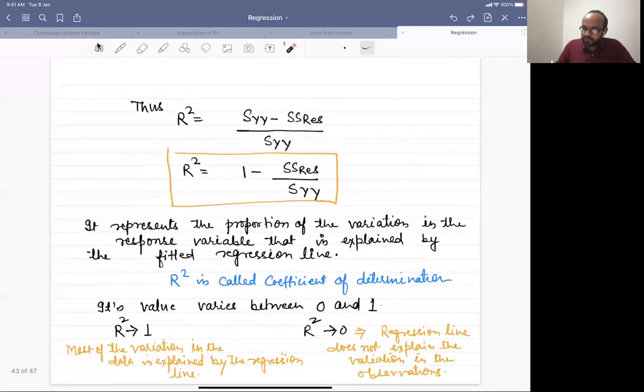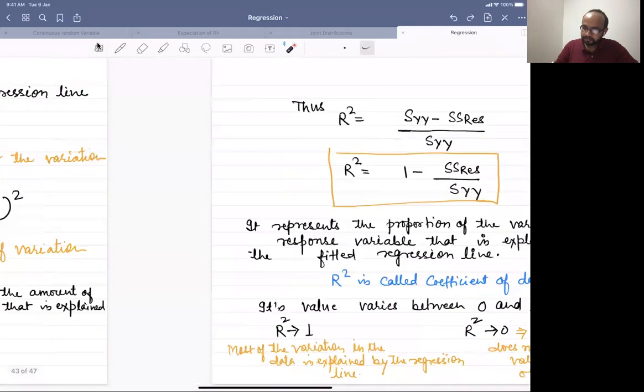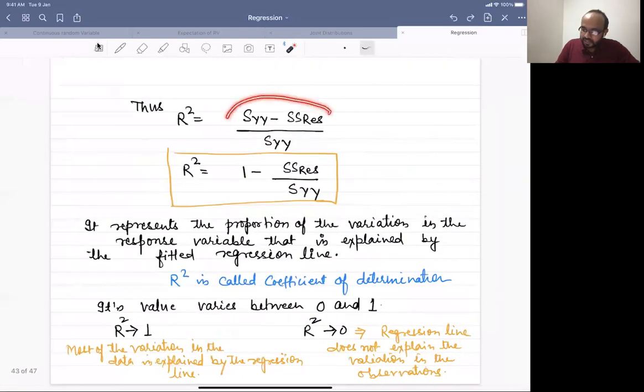So just to normalize this, because this is the important quantity, this is giving you the amount of variation in the response variable that is explained by our regression line, we have divided it by SYY. So we define a new quantity R square, which is SYY minus sum of squares of residuals divided by SYY, which is 1 minus sum of squares of residuals divided by SYY.